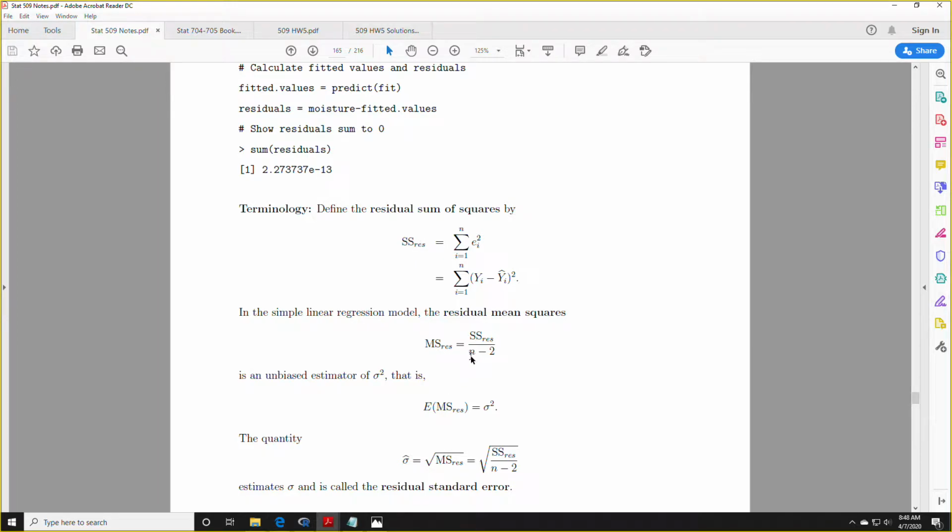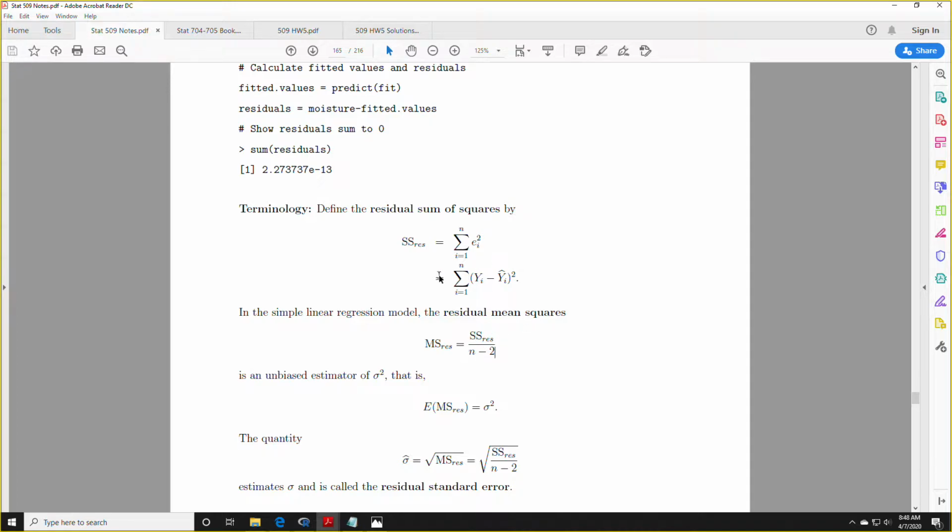And if you divide that by n minus 2, technically this 2 is the number of parameters in the model. In simple linear regression, we just have an intercept and a slope parameter, beta naught and beta 1, so we just have a 2. If you divide by that, which is technically called its degrees of freedom, then you have a residual mean square or an error mean square.